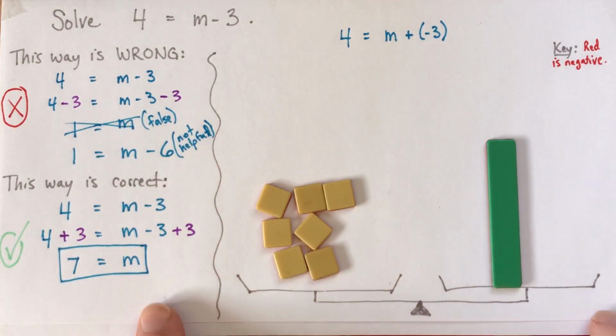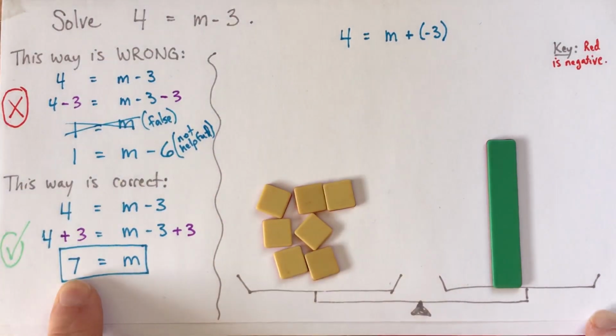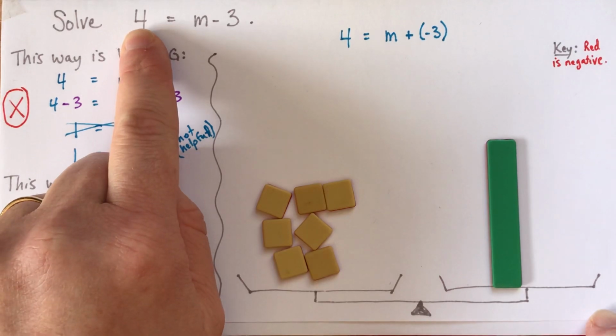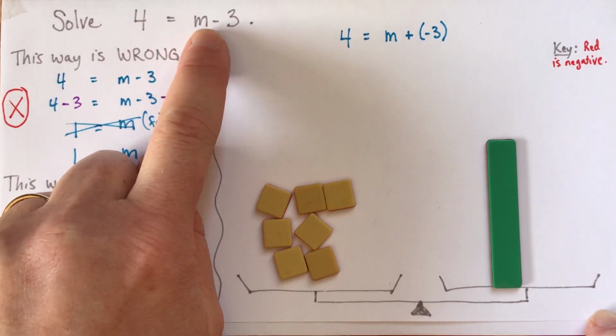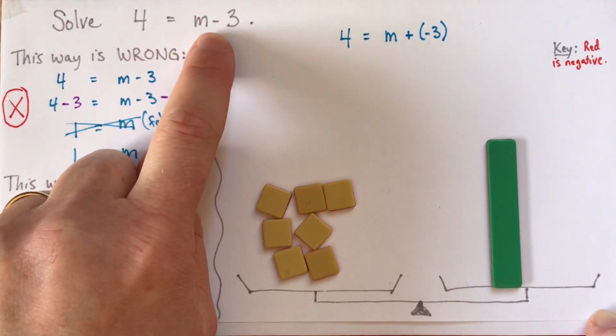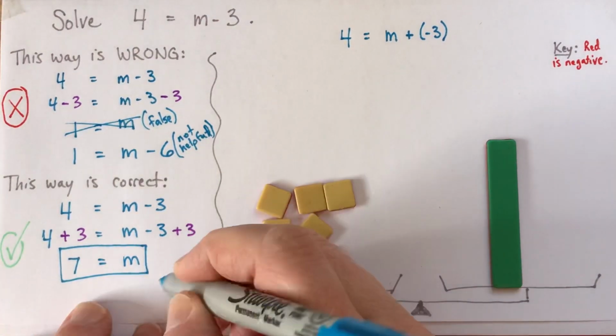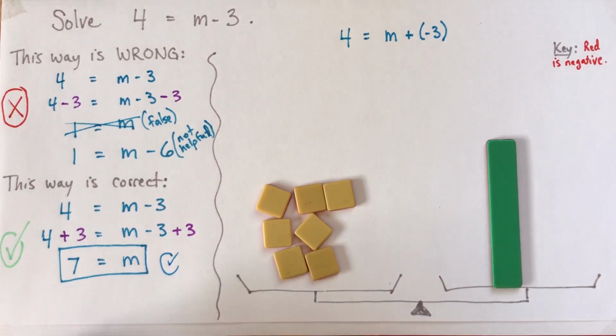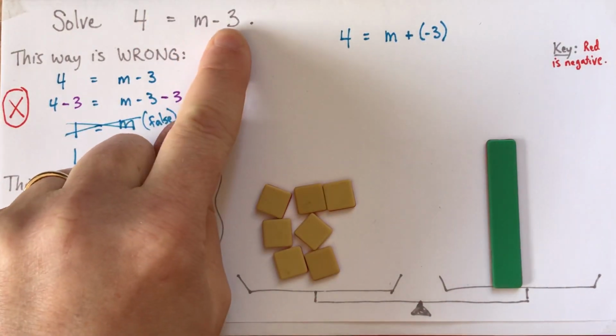We'll do a check here. If we substitute 7 for m, because we've said that they're the same, our question is, is 4 the same as 7 take away 3? 7 take away 3, yeah, that's 4. 4 is equal to 4. So that means our solution here is correct.